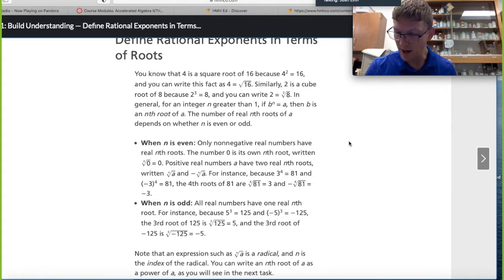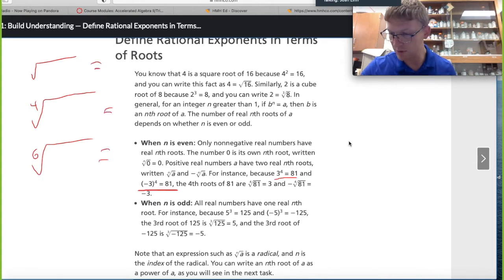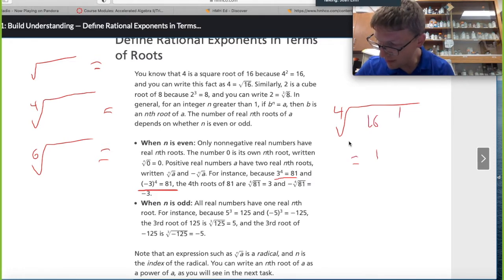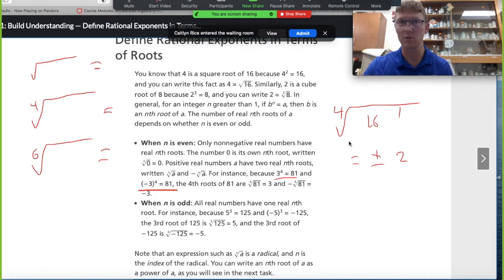So when you find these different roots, like if you were to do the fourth root of 16, that's going to equal plus or minus 2, because 2 times 2 is 4, times 2 is 8, times 2 is 16. But you can do that with a positive 2 or a negative 2, and you will get the same answer either way.